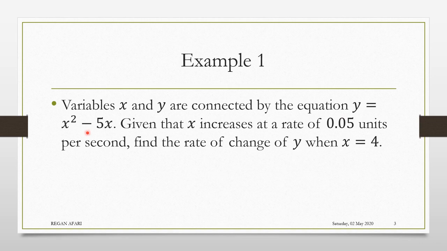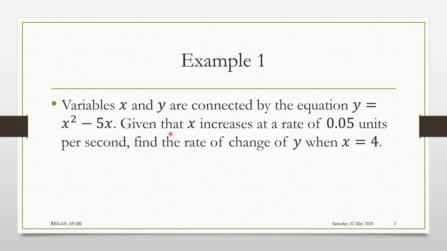We need the equation: y equals x squared minus 5x. Then we need to understand the statement that x increases at a rate of 0.05 per second. So x is increasing per second, which means that is dx/dt, because seconds measure time.